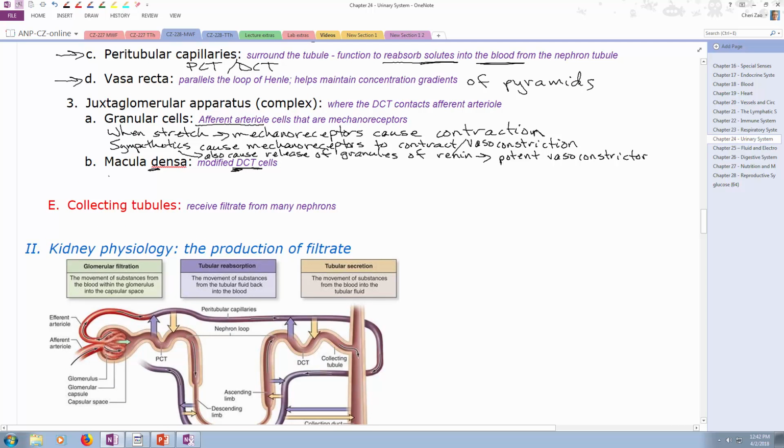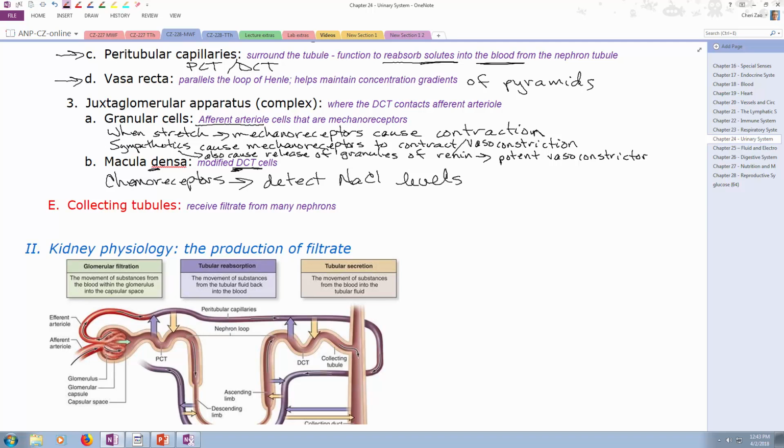Macula densa cells in the distal convoluted tubule are chemoreceptors. And they detect sodium chloride levels. If the salt of the urine is too high or too low, it will also adjust the flow of blood and therefore filtrate production in our glomeruli collecting tubule system.